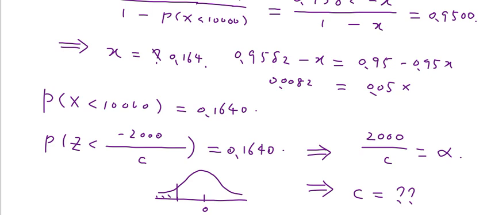So we find this equals negative 0.970, so this alpha equals 0.978. Okay, so this c equals 2000 over like this.